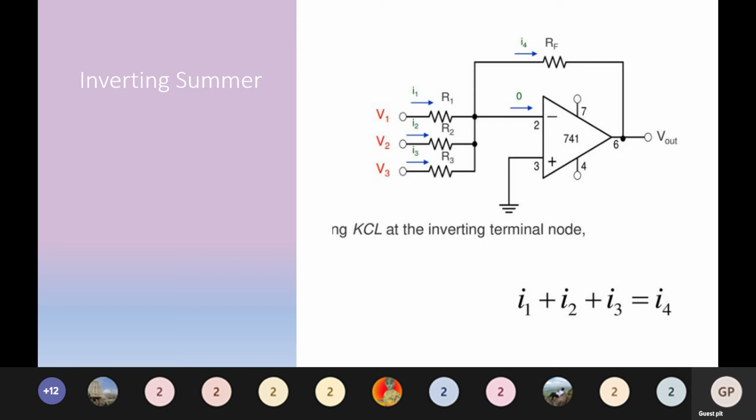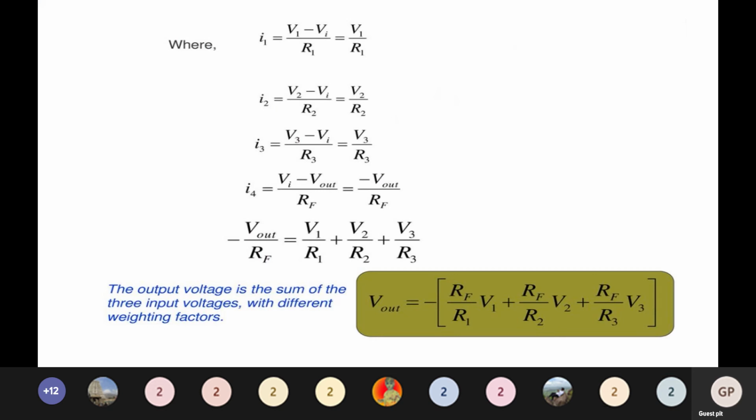It means the voltage is 0, right? So the potential at this node will also be equal to 0. So in that way we got this as V1 by R1 because Vi is 0, is it not? So V1 by R1, this is V2 by R2, V3 by R3, and since here it is 0, 0 minus V out. So that's why minus V out divided by RF.